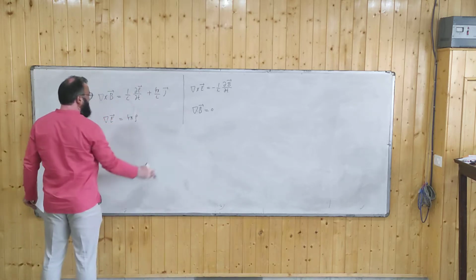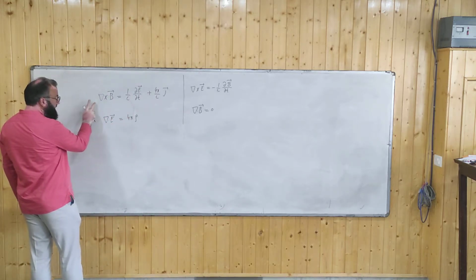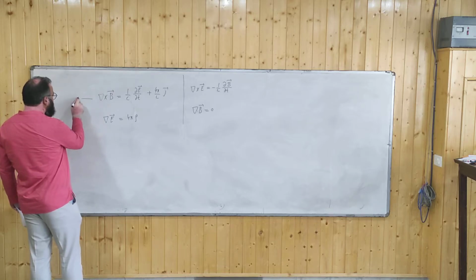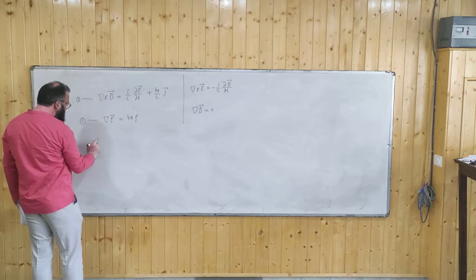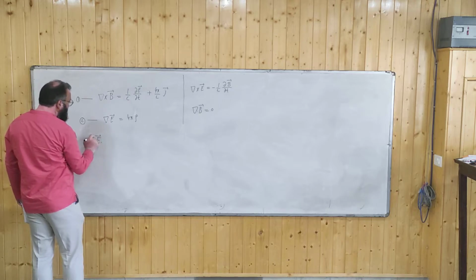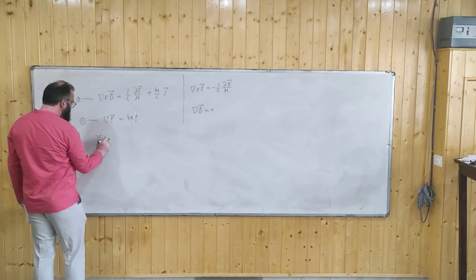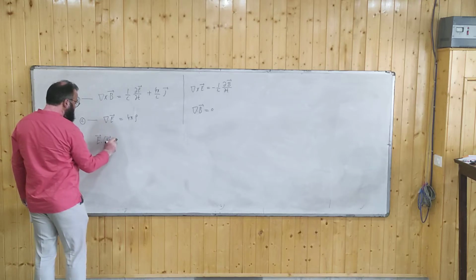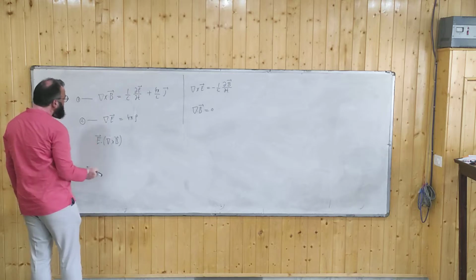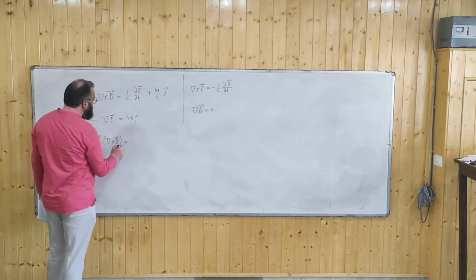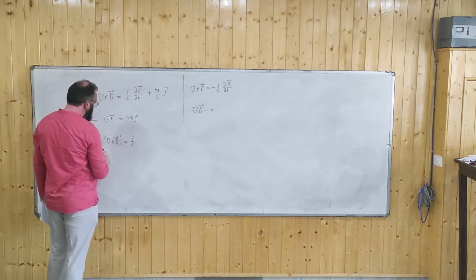Okay, so call this equation first, and this equation second. I will do this way. Let's take the dot product of E with this curl of B. It itself means it's a vector quantity, that's why I will not put an arrow.